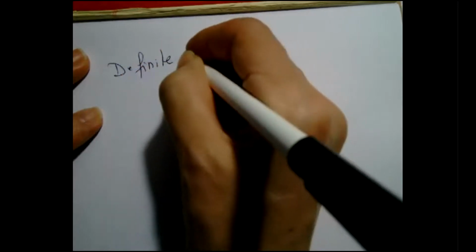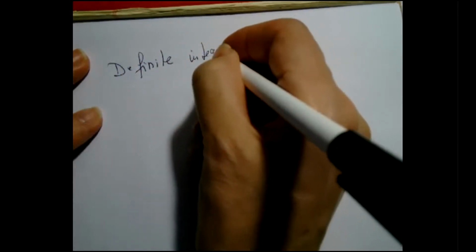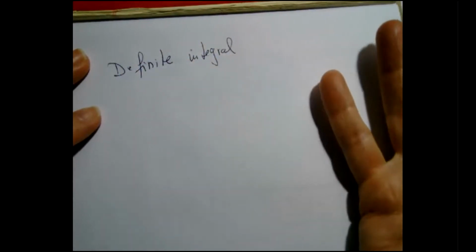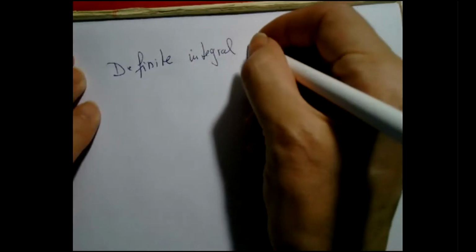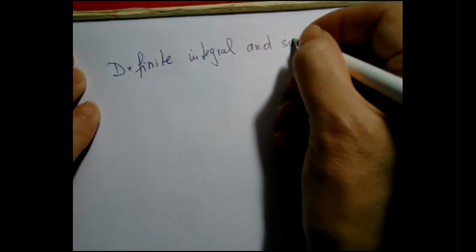Now, definite integral and substitution. We know that one way to find an antiderivative is using substitution. So if we have a definite integral and we need to use substitution to evaluate the antiderivative, how do we deal with that?